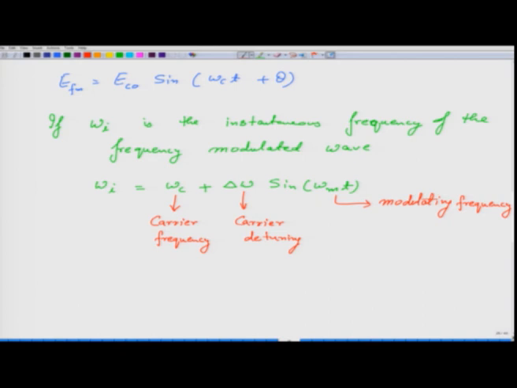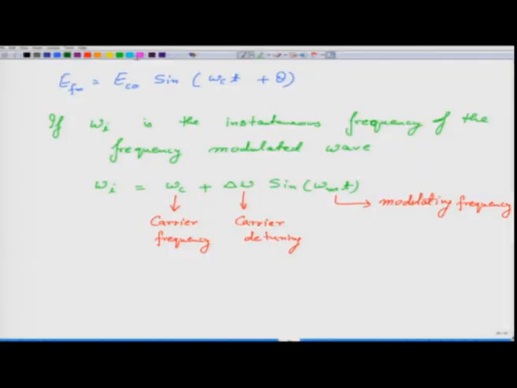In order to get the complete equation of the frequency modulated wave, we have to represent the overall phase of the frequency modulated wave in terms of the frequency of the carrier wave as well as the frequency and amplitude of the modulating or our message wave. Let us see how that is done. We know that angular frequency omega is given as 2 pi times the frequency, or that is equal to the rate of change of the angle.